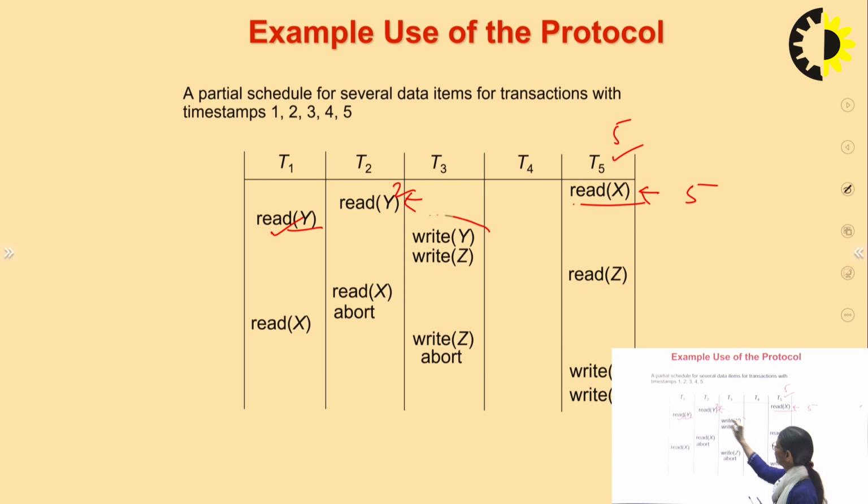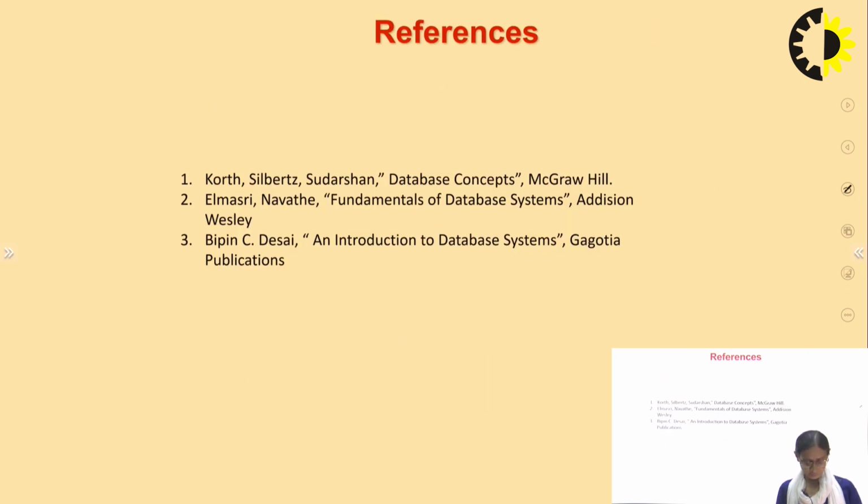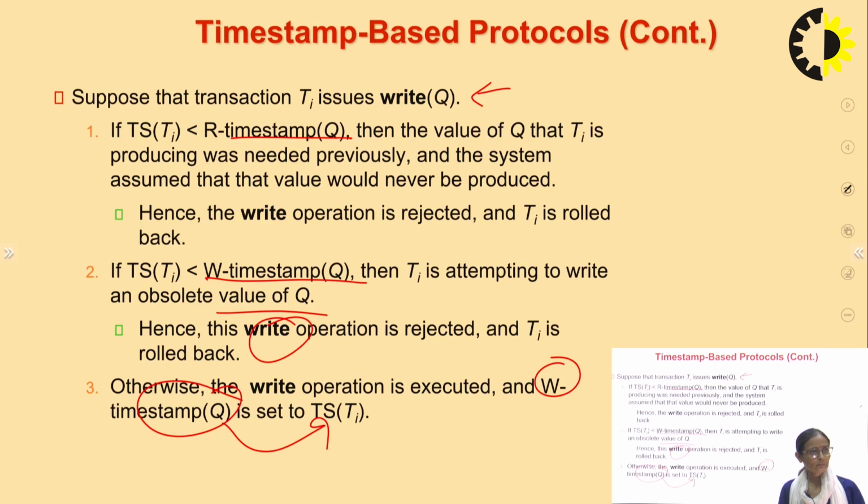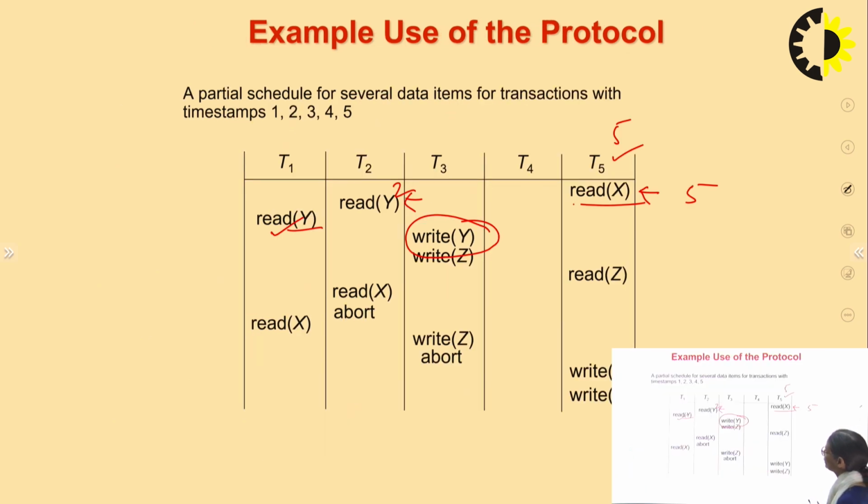But when we come to write Y, this is the data item on which we want to perform the write operation. According to the write rule, we need to compare with the R timestamp value of Y. What is the R timestamp value of Y in this case?